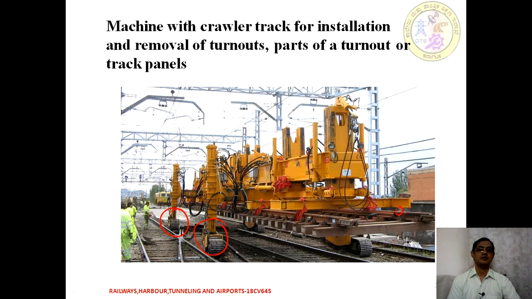The machine is used to install a new turnout, or to remove or replace one, or from the maintenance point of view this crawler type is used. Wherever the turnout junctions are, we can see the turnout here in this image, and the turnout is maintained using these machines.